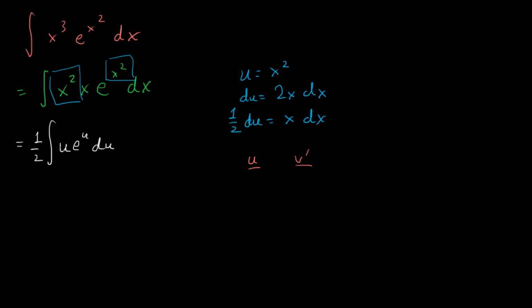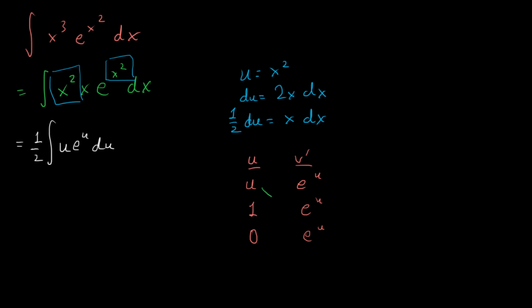So our function u would be our substitution variable u, because this can just be differentiated twice to get 0. And then v prime would be e to the u, since we know how to integrate that. So this would become 1 and 0. And this would just be e to the u, because the antiderivative of e to the u is just e to the u.